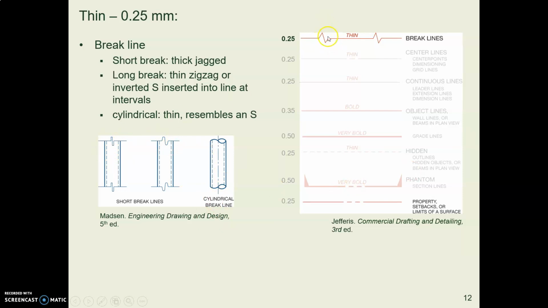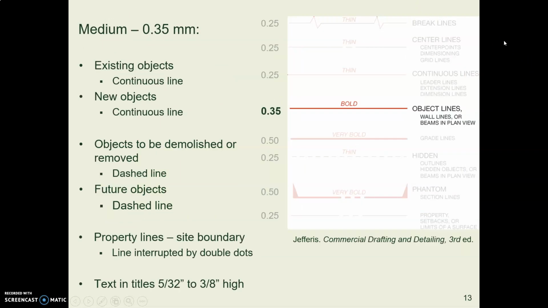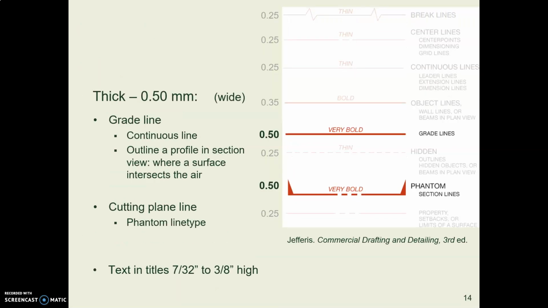Usually we see the sharp cornered zigzag, not that squiggly thing down there. Usually we do a sharp up and down for a break line. Then, as we mentioned, medium line weights will be for our walls and our concrete and so forth. And thick lines to show the grade line of the soil, or for a cutting plane line.